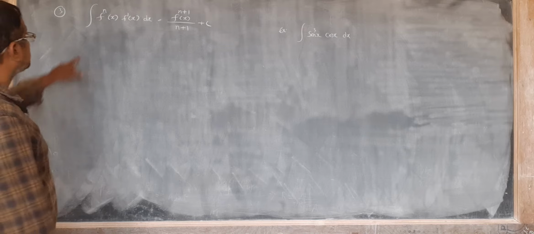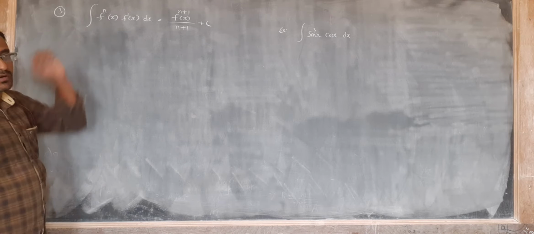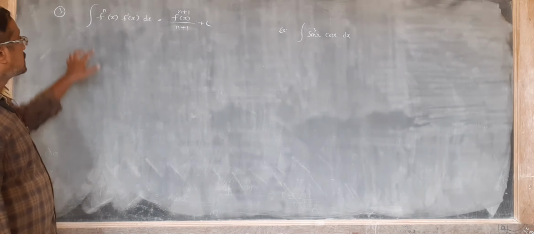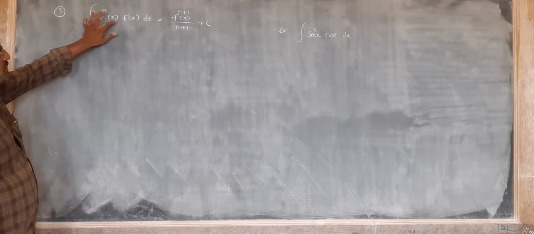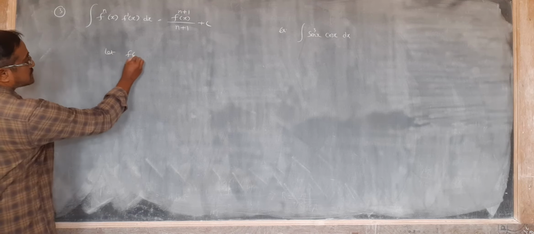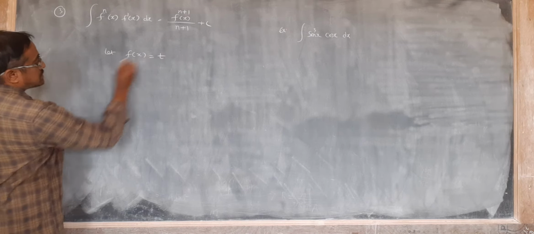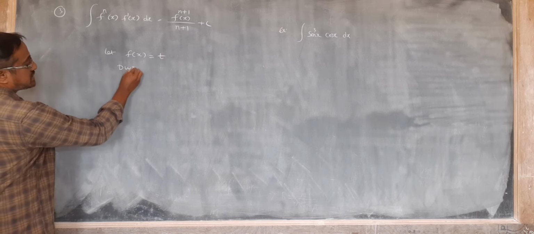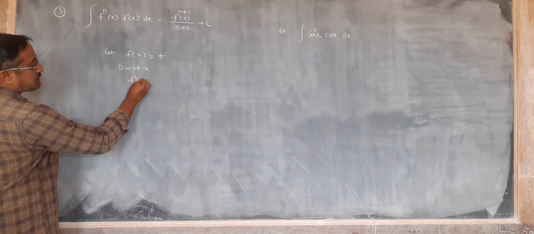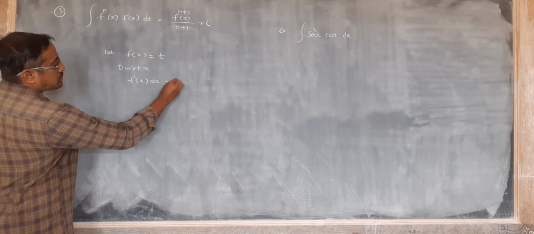Next formula, integral f power n of x into f dash of x dx. Now here let us consider f of x as t. So let f of x is equal to t. Differentiating with respect to x, you will get f dash of x dx is equal to dt.